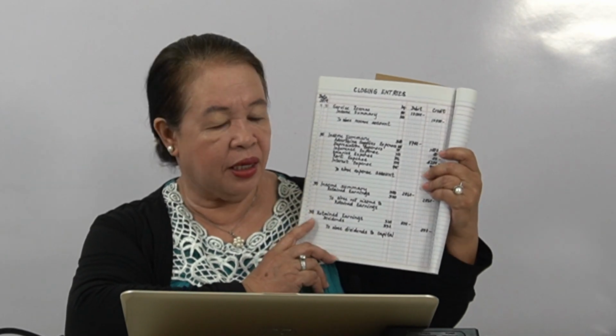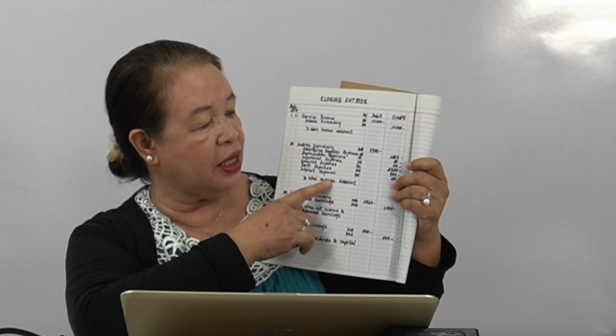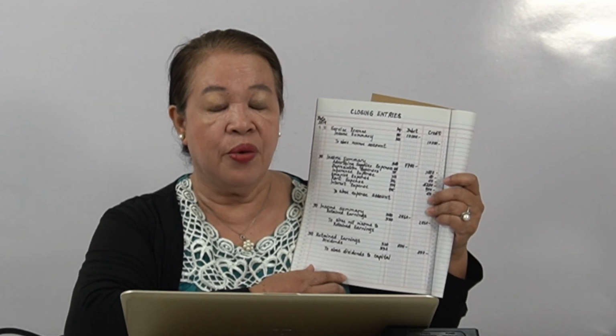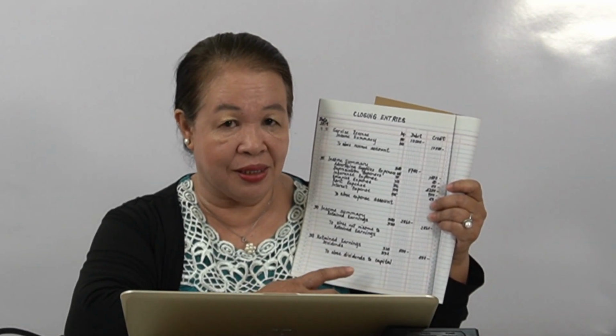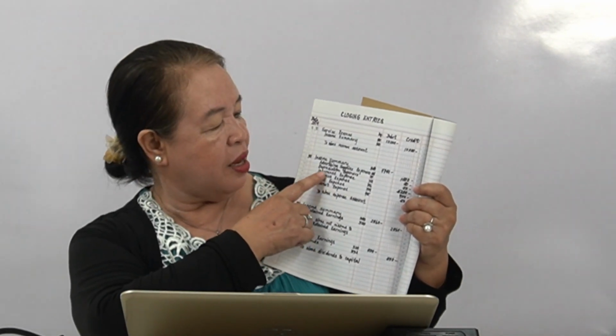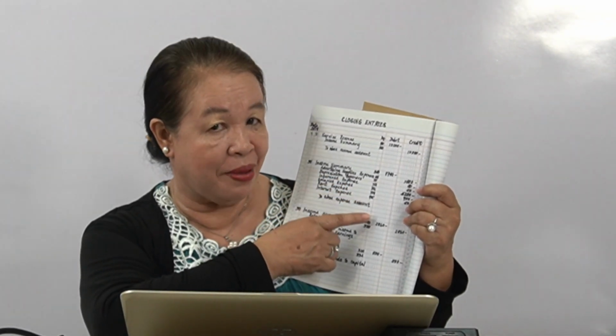Okay. So, pagdating naman sa income summary, we debit income summary 7,740 and then we credit the expenses. Sa regular natin na transactions, we always debit the expense accounts. No? Kaya sa regular natin, kung balikan mo yung advertising supplies expense, debit yan.